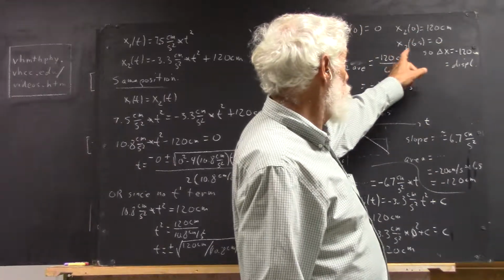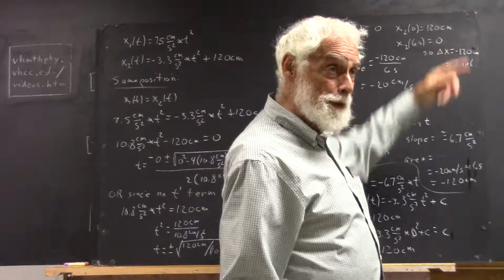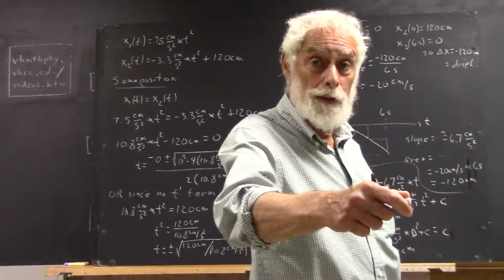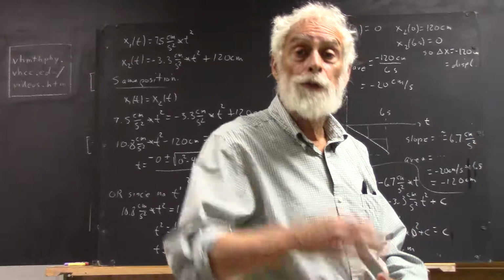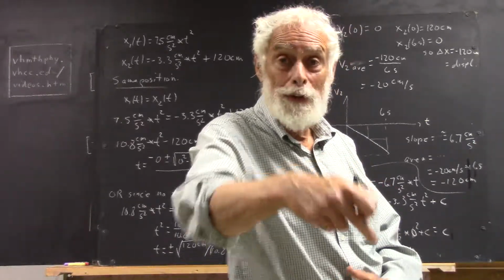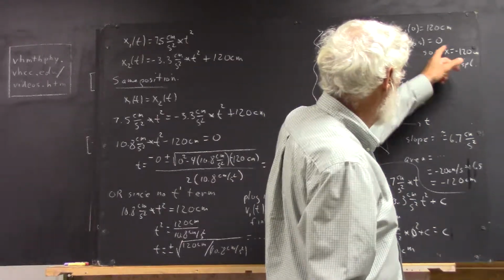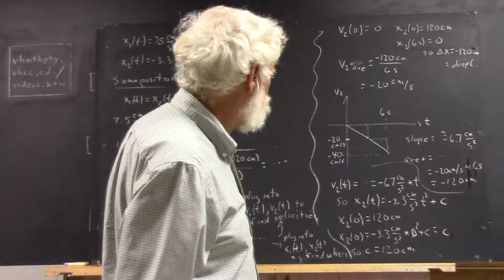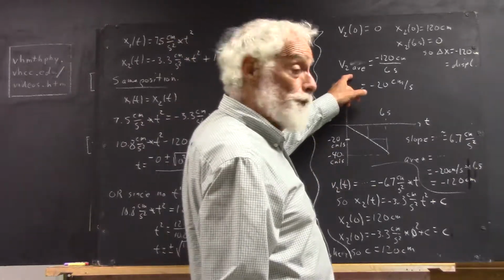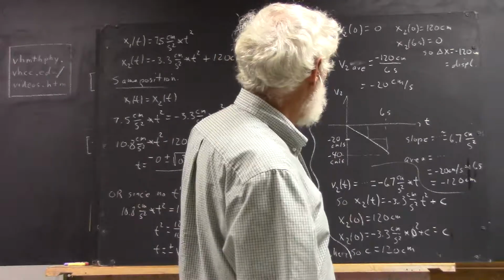Then x2 at 6 seconds is going to be 0. Why? Because the ball's rolling down a 120 centimeter ramp that starts at the 120 centimeter position and goes in the negative direction, so it's going to go to the 0 centimeter position. So x2 of 6 seconds is going to be 0. Now, our average velocity is our displacement, our change in x.